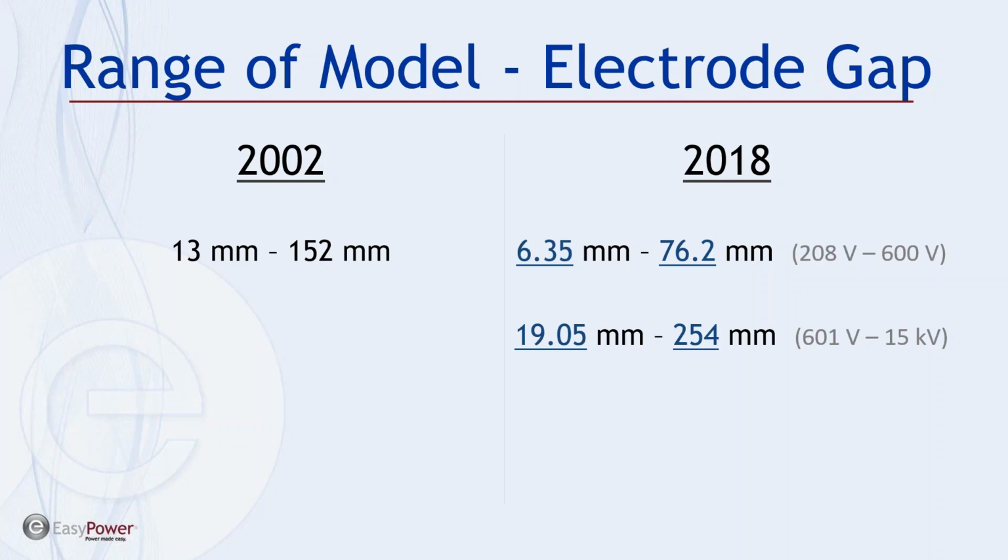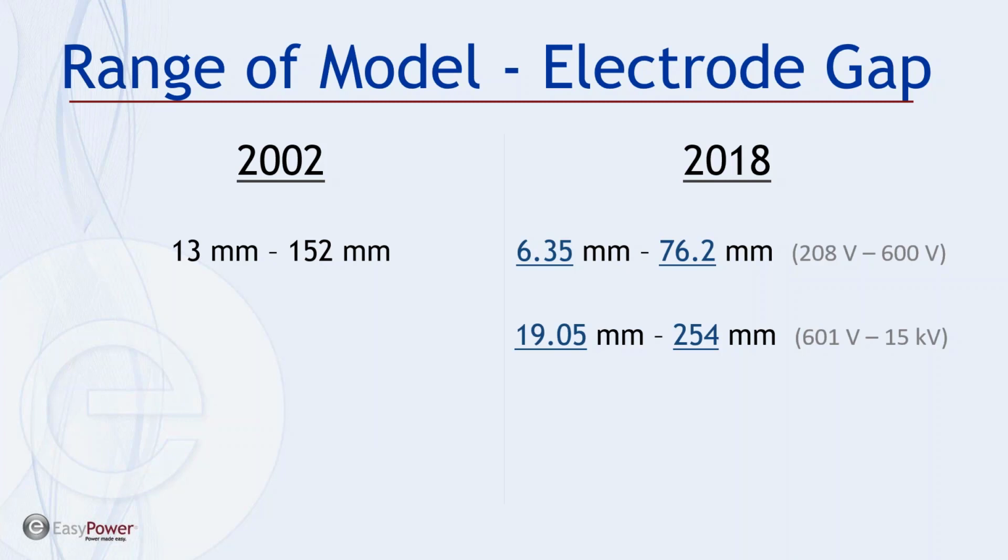In the 2018 version, again below 600 volts, the air gap or the electrode gap has a range of 6.35 millimeters to 76.2, and this is affected by the type of equipment we're talking about.